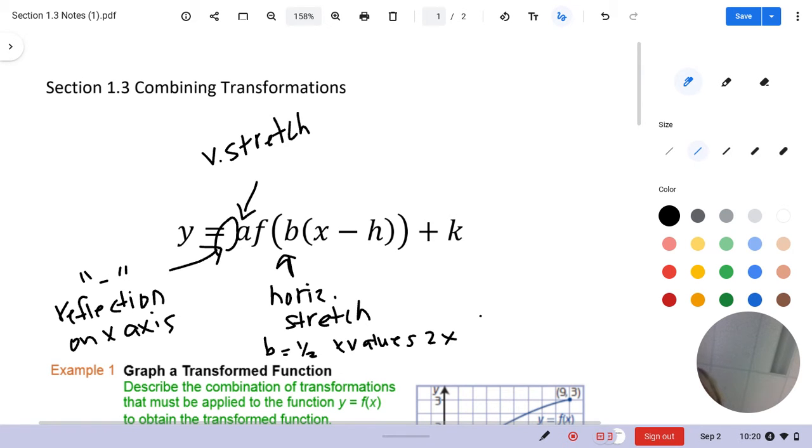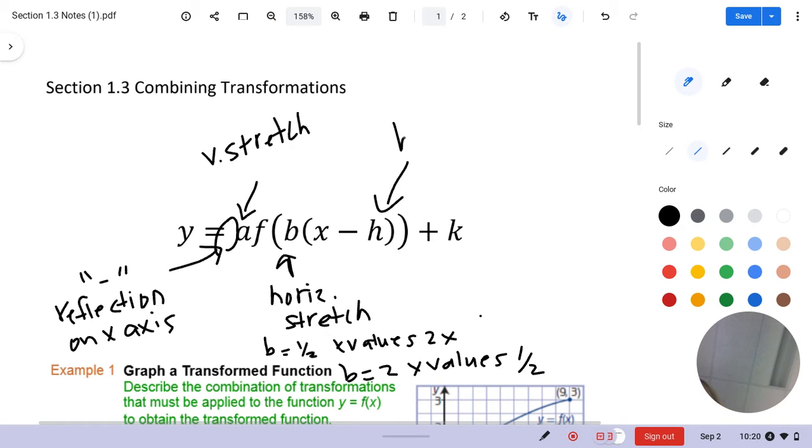If your B value is 2, your x values are going to be cut to a half. Usually whatever is happening inside the bracket with x is going to be the opposite.